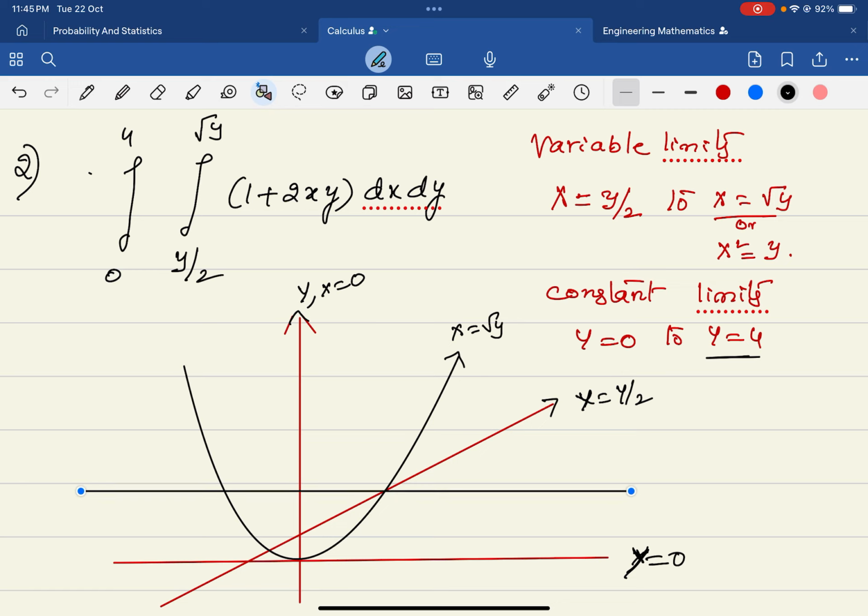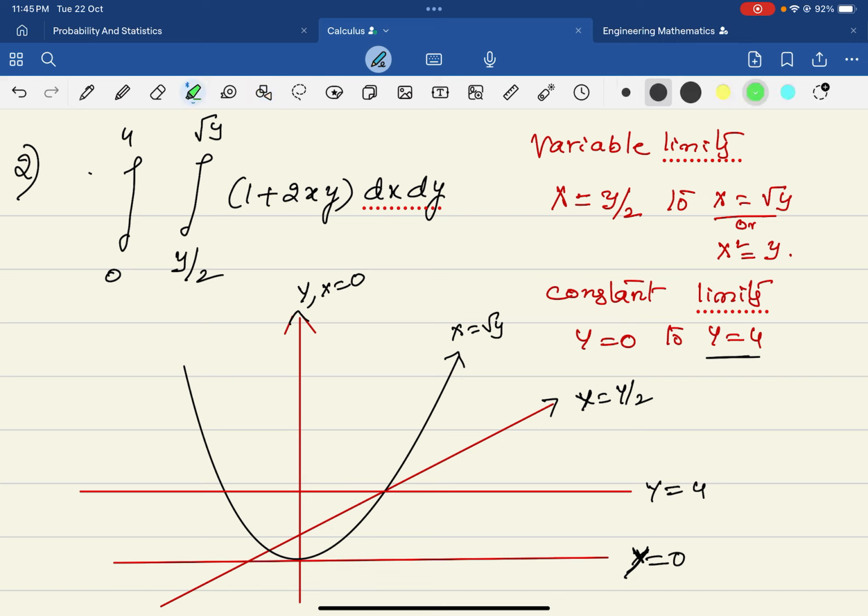So let us put it like this. This is y is equal to 4. Now we got all the equations. All the 4 lines or curves we have got now.